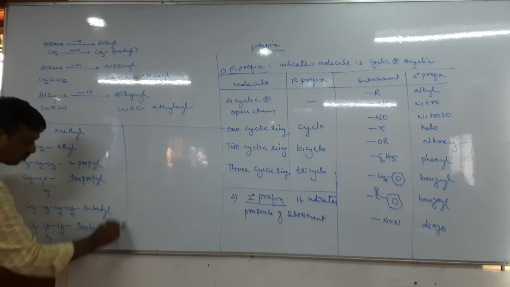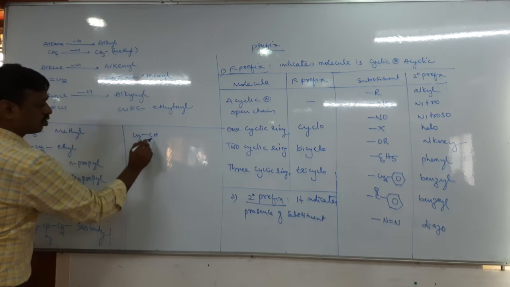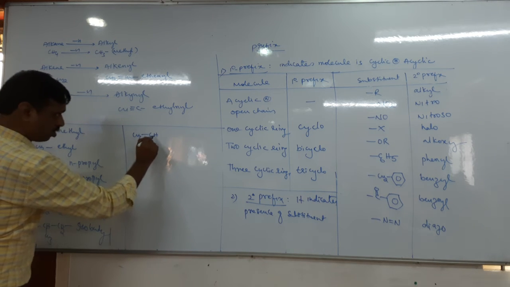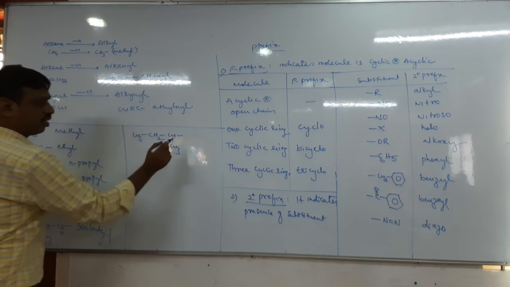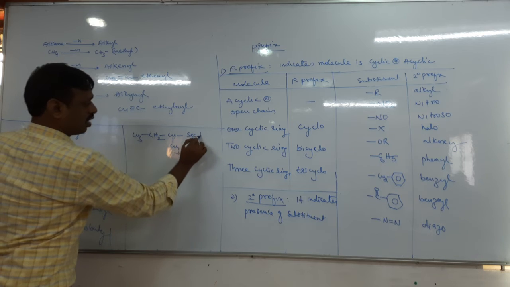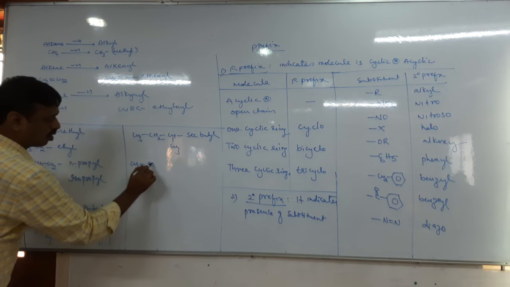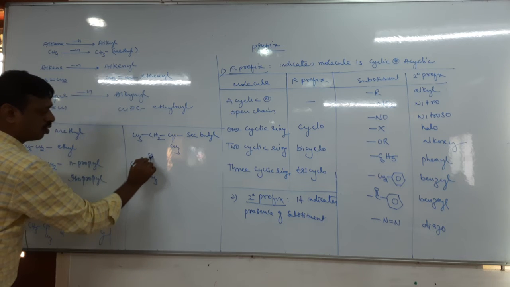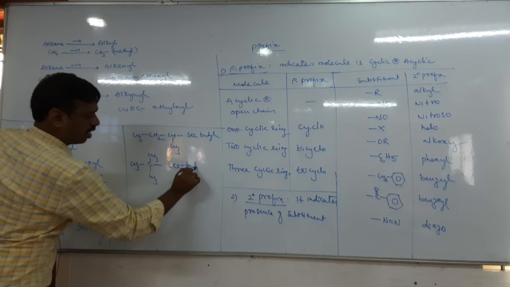Isobutyl. Next, CH3, CH, CH2, CH, CH3, and tell me, this is secondary butyl. Next, it is tertiary butyl.